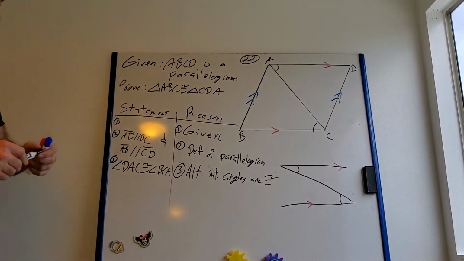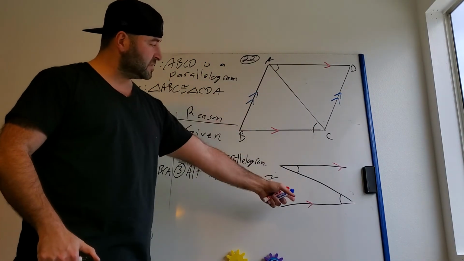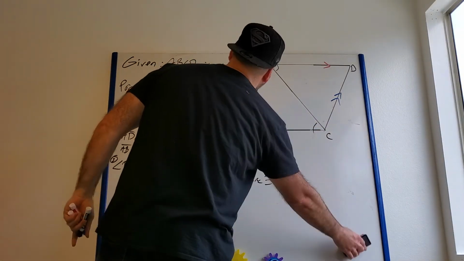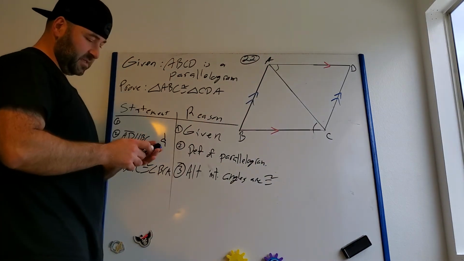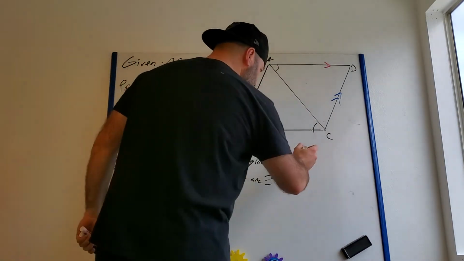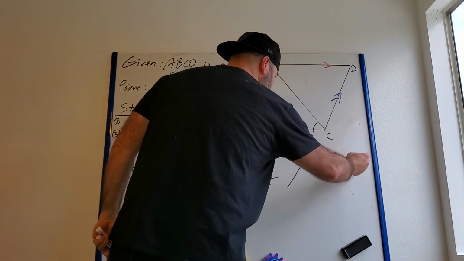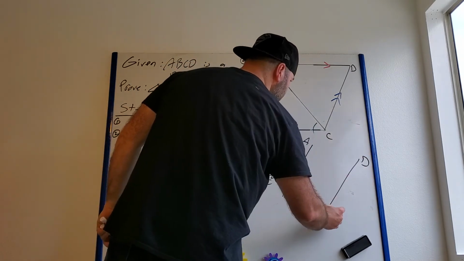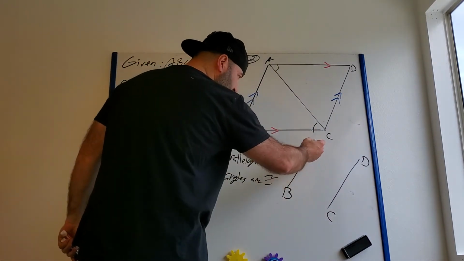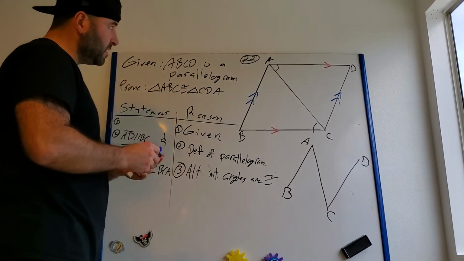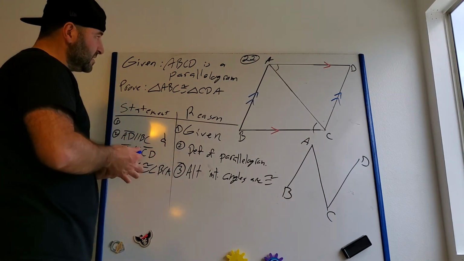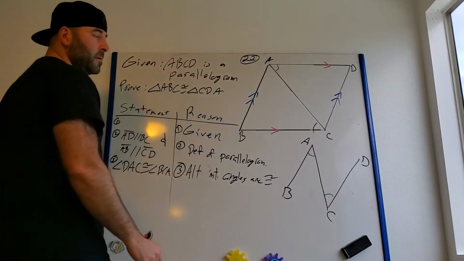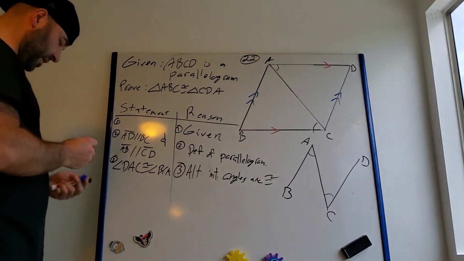Okay, so using that same thought process, now if I switch it up and I'm focusing on these two, I'm focusing on AB and CD. I still have my transversal of AC, but now I get to say that these two angles are going to be alternate interior to one another.